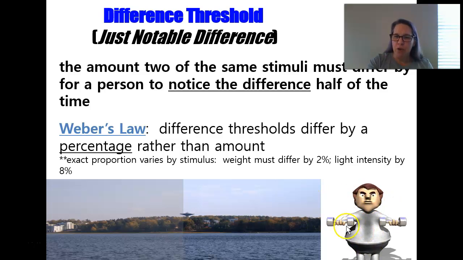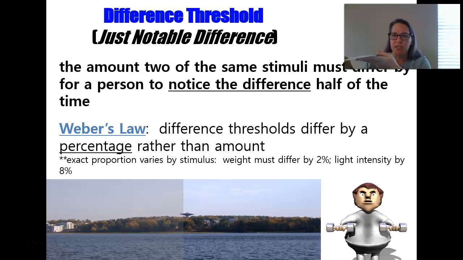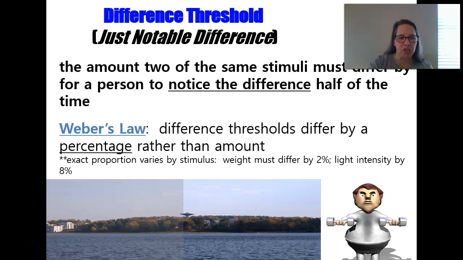Or if you were holding two dumbbells, like our guy here, or say you were holding a piece of paper, like a loose leaf piece of paper or a piece of copy paper, how many pieces of paper would need to be added for you to be able to tell the difference between one and more? Okay, so again, reported as a percentage.